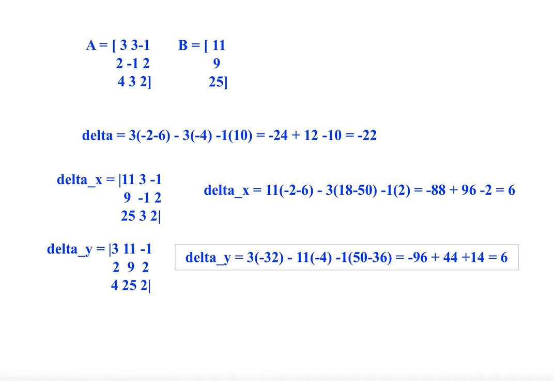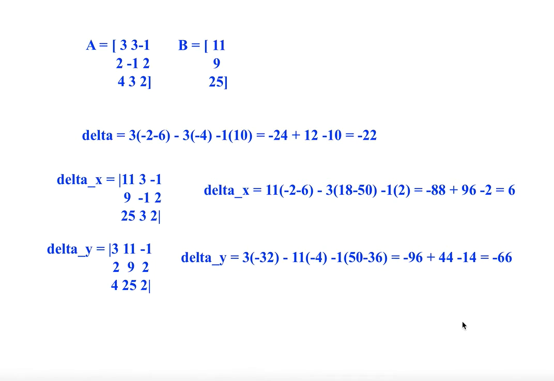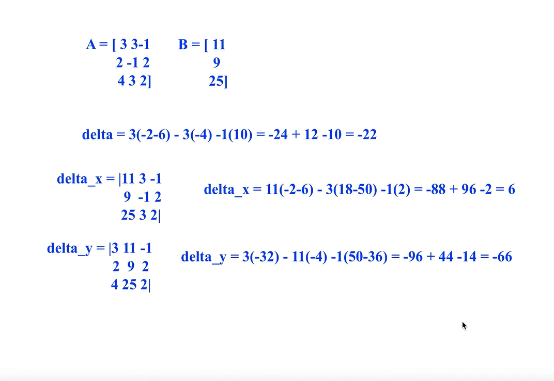No, minus 14. 50 is more, so minus 14, right? Right. So 44 minus 14, 0, 3, 30. Okay. So this is going to be minus 66, right? Plus 30 minus 96 is minus 66. That is delta y.